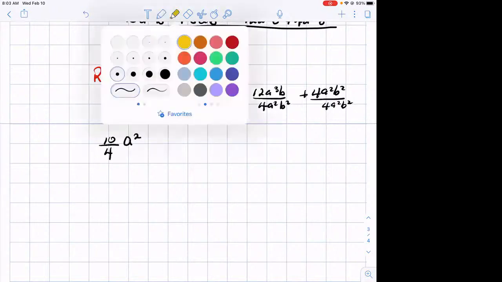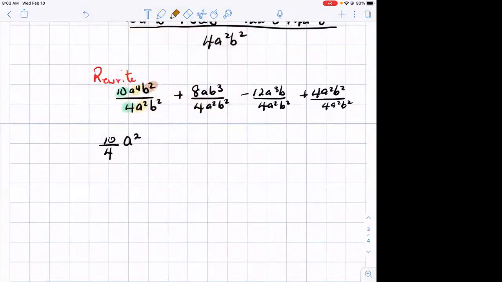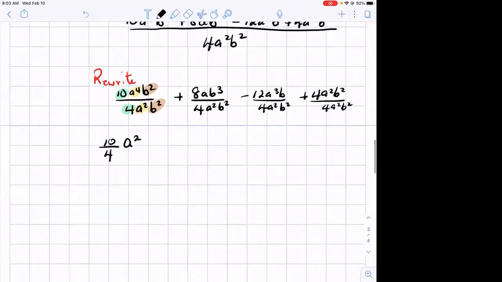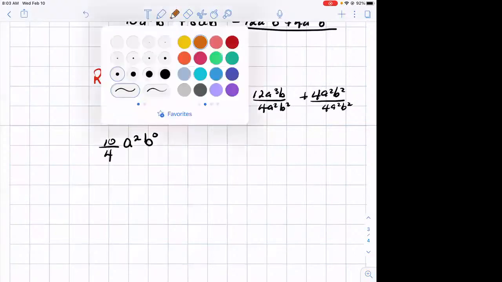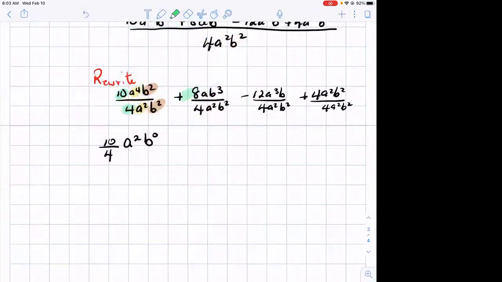And then we have b squared divided by b squared. So we can either say they cancel out, or we can write b to the 0. Then we have a positive 8 divided by 4, so that leaves me with positive 2.